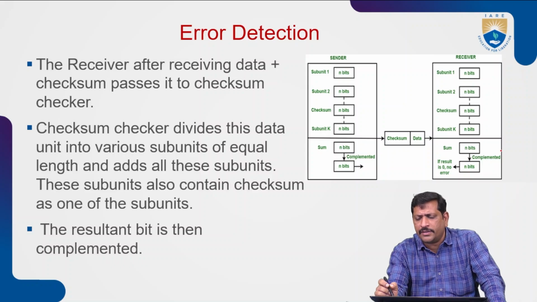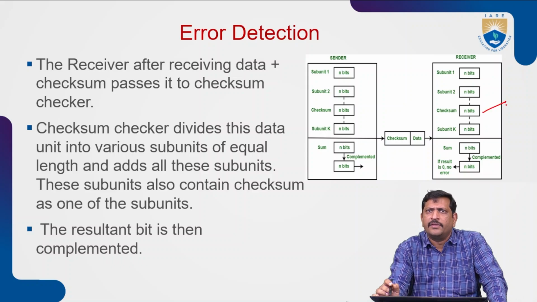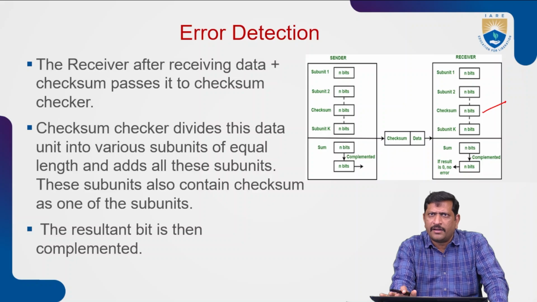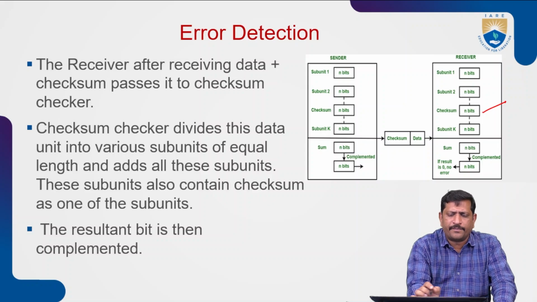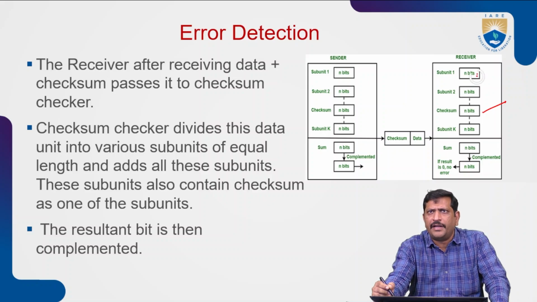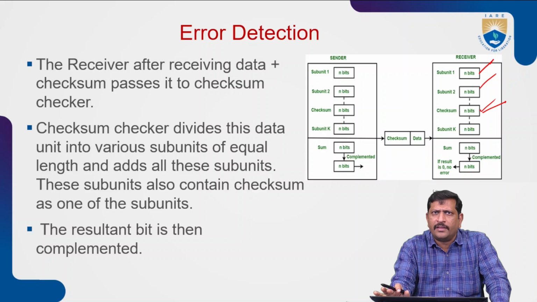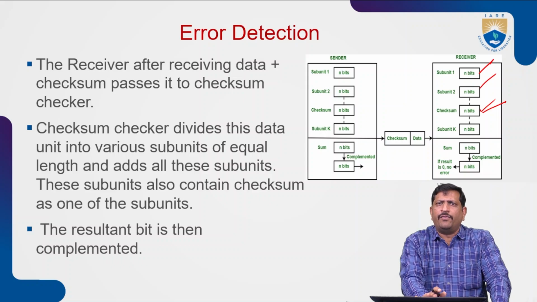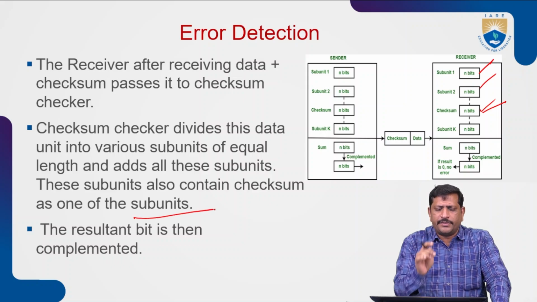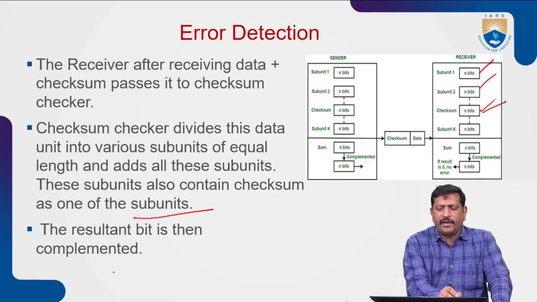The checker divides the data units into subunits of equal length and adds all these subunits, which also include the checksum as one of the subunits. The resultant bit is then complemented.